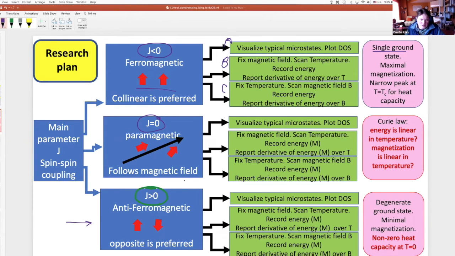So I will show some results only for the non-realistic part, J less than 0. And it is only the start of this activity. Hopefully there will be more researchers involved in it, and maybe we'll get through.